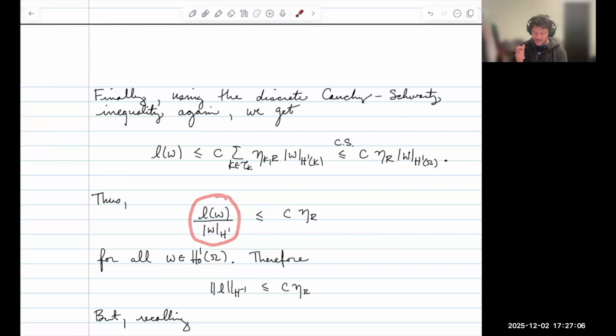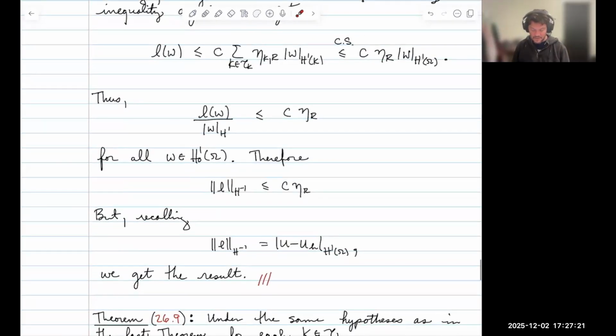What do I get when I take the supremum? I get the operator norm. So the operator norm has to be less than this object, keeping in mind that this is an upper bound, and when I take the supremum, I'm going to get the least upper bound. But we showed at the very beginning that that operator norm is equal to the H1 seminorm of the error, and that gives us the result that we want.